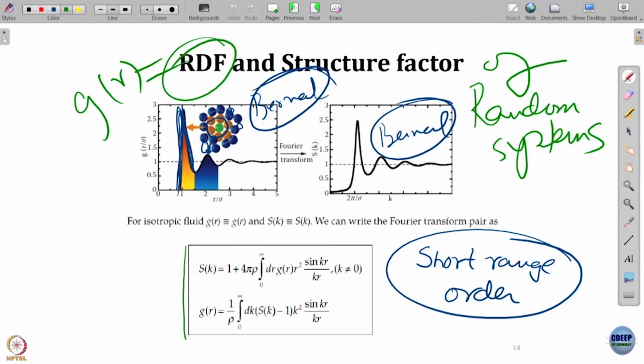The structure factor S(k), which is measured from the neutron scattering cross section, is exactly given by the radial distribution function, with a certain prefactor.